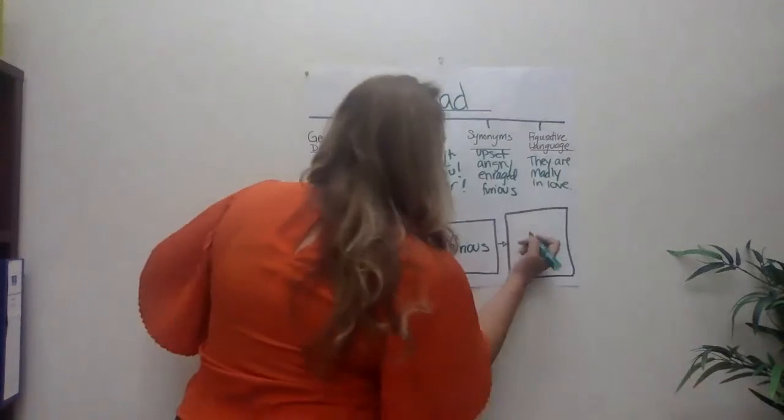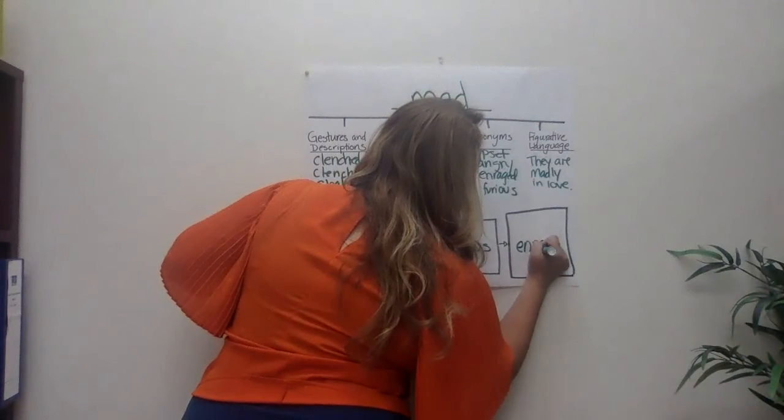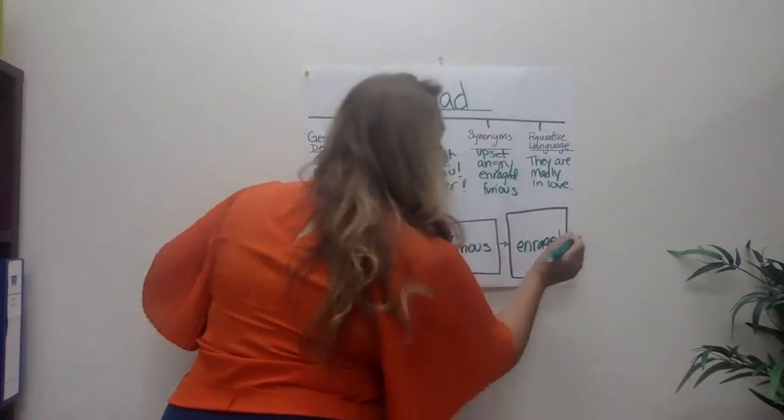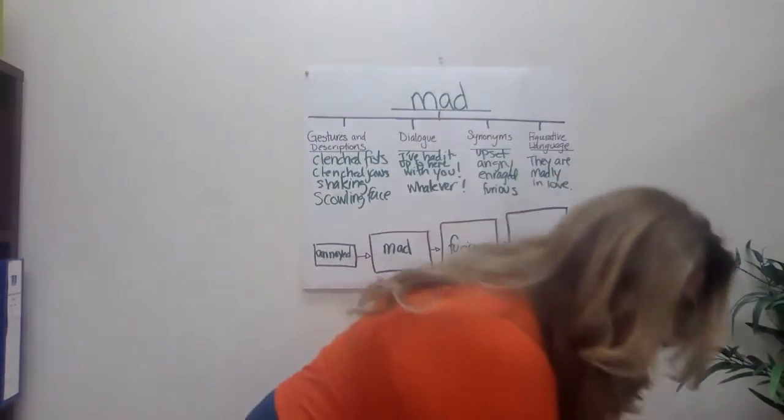Then there's enraged. Enraged is the highest. Enraged is when someone does something terrible to you or to your family. Something where there's just no way. I'm enraged. Andrew was enraged that someone sold his family.